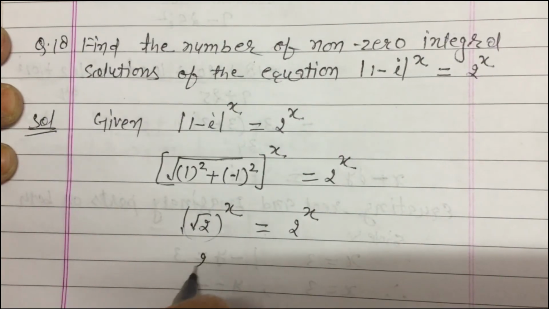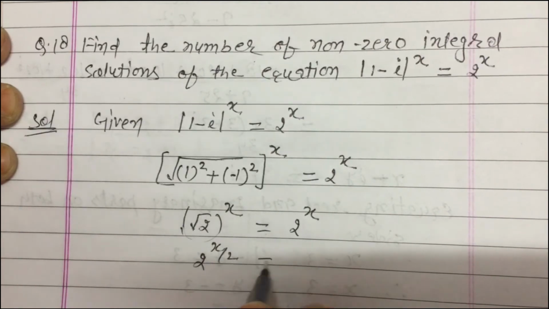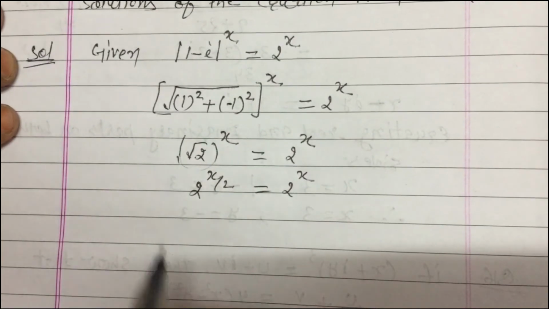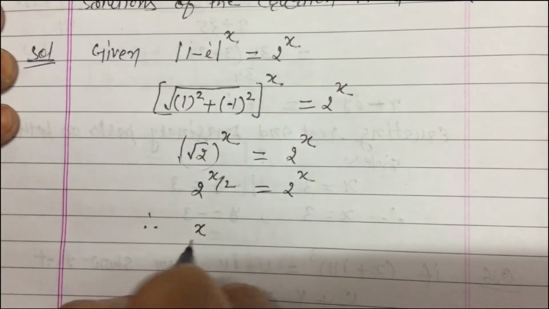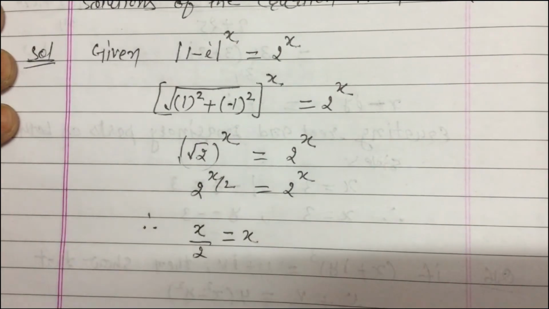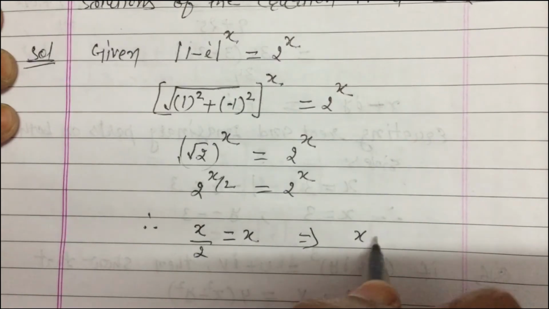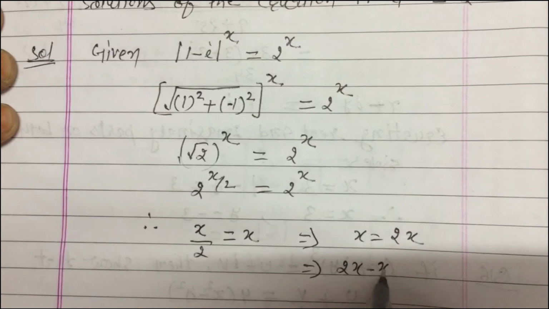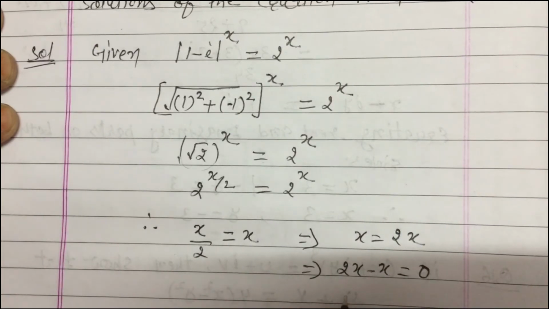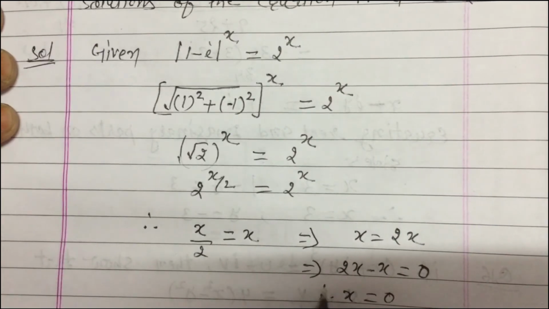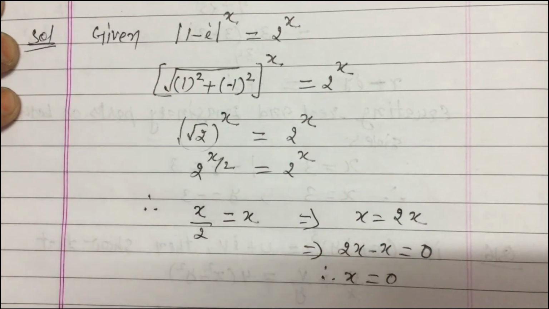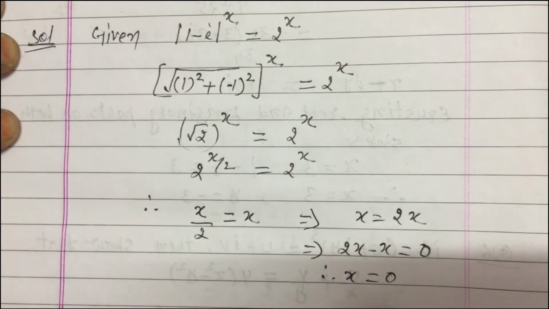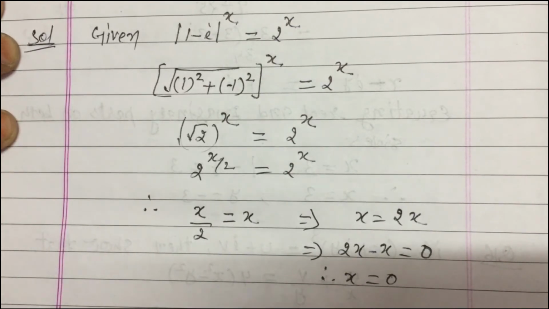So it means it's 2 raised to x by 2, and here 2 raised to x. The base is equal, so the power will be equal. We will get x by 2 is equal to x. Therefore x is equal to 2x, and 2x minus x is equal to 0. So x is 0. But in the question it is required the non-zero integral solution, and we are getting x is equal to 0.